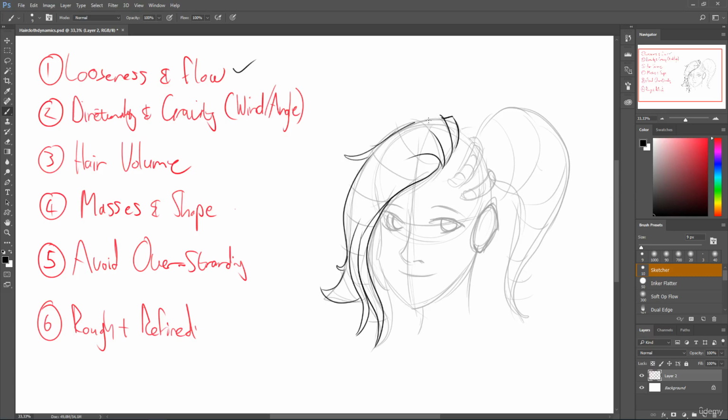I want to avoid sawtoothing as much as possible. And I can imply some strands, but I want to keep the interior area free of too many hairs. And I can just add things as I go here, right?